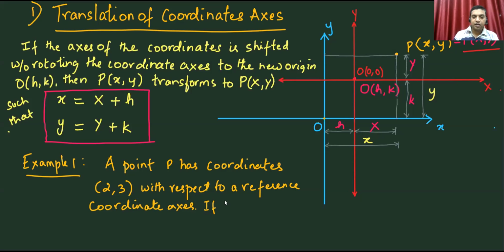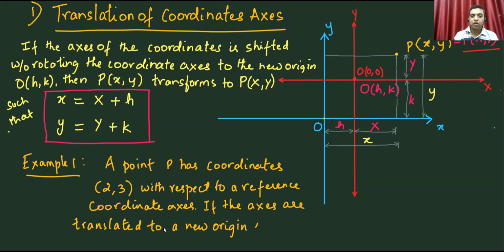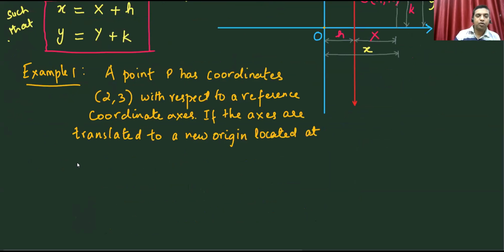If the axes are translated to a new origin located at, say, 3, 4, then find the new coordinates of P.